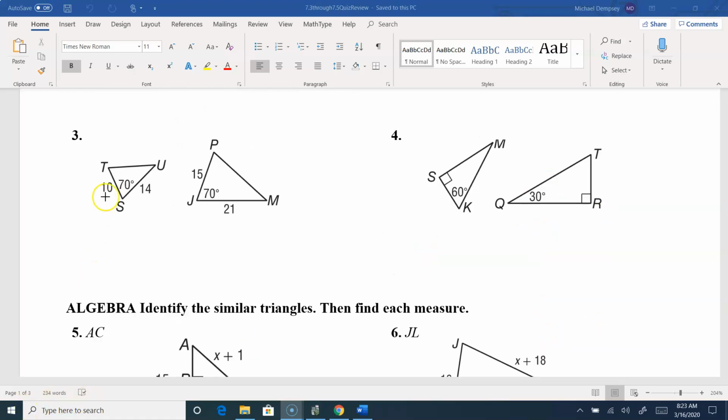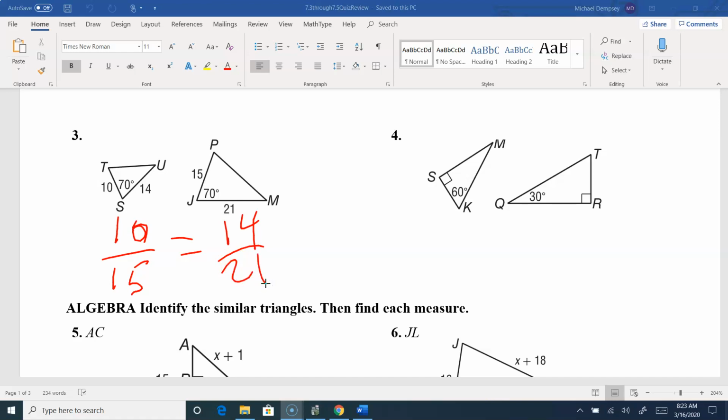Okay, so now number 3, we can see I have side, angle, side is possible. But again, 70 is equal to itself. I have to make sure that that ratio of 10:15 works, right? So I have the smaller side here, 10, smaller side here, 15. The larger side over here, 14:21.